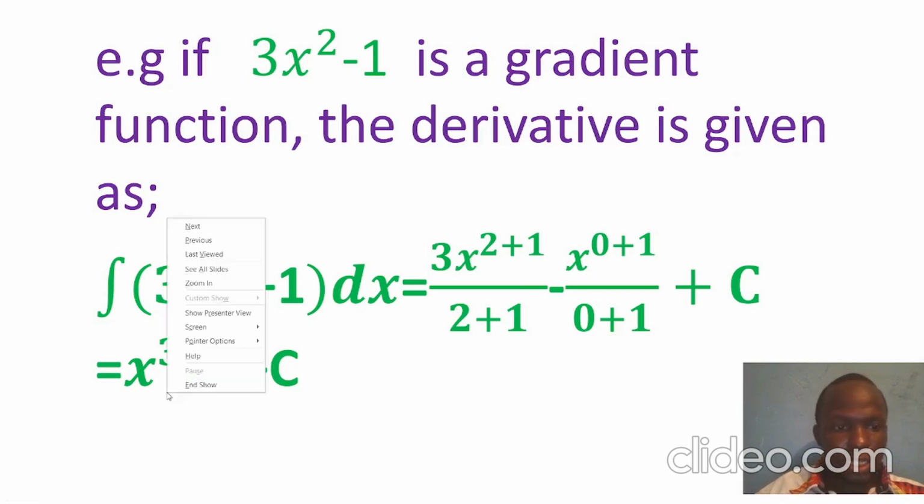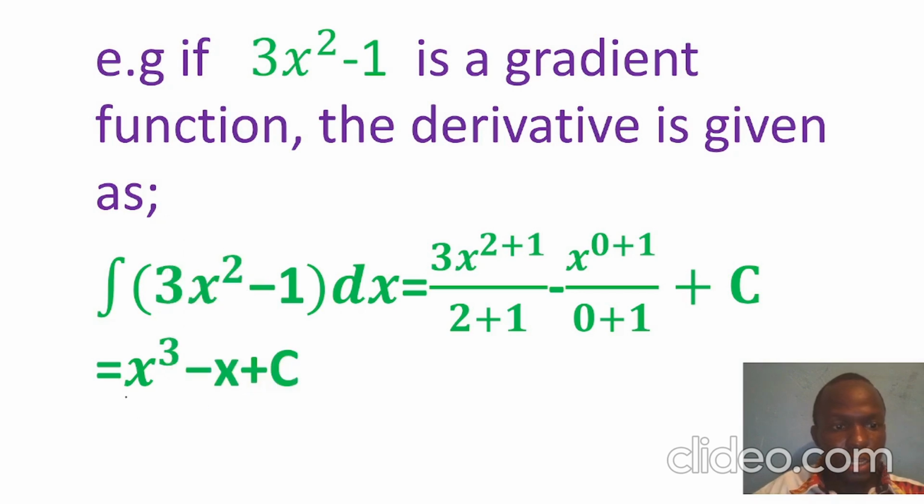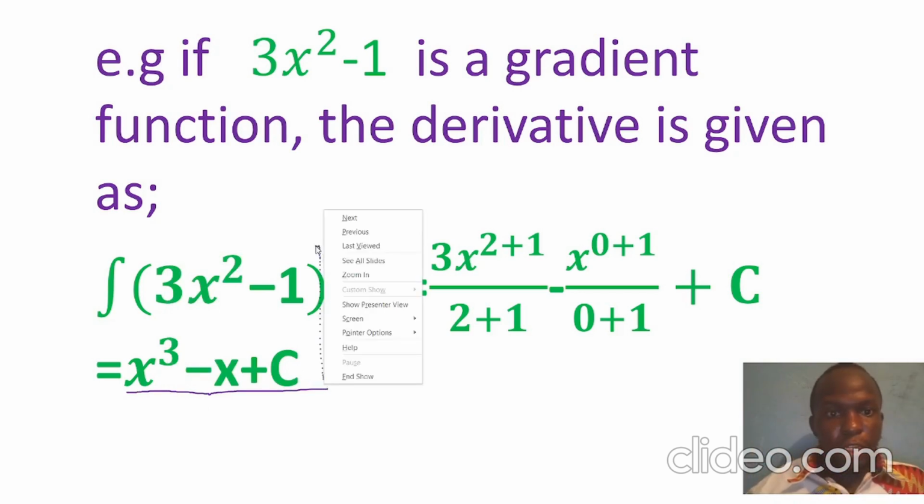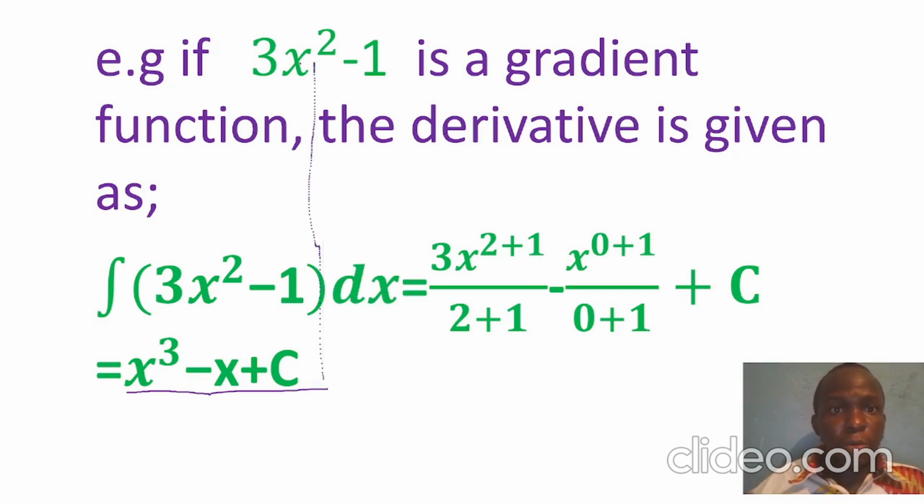So what is this? This is the integral function. So this is what we have integrated from here. We have been able to integrate 3x squared minus 1, so that we are able to get this as the original function.